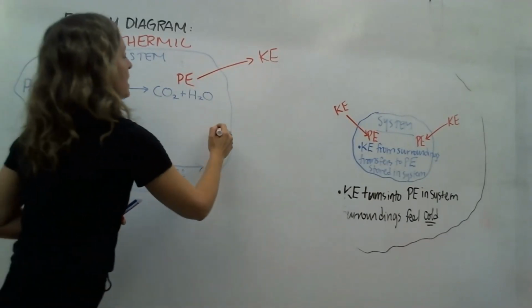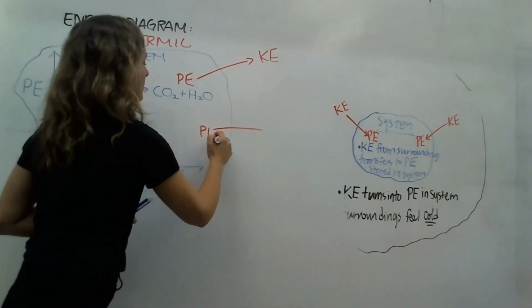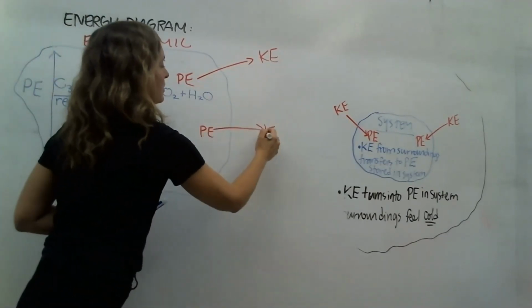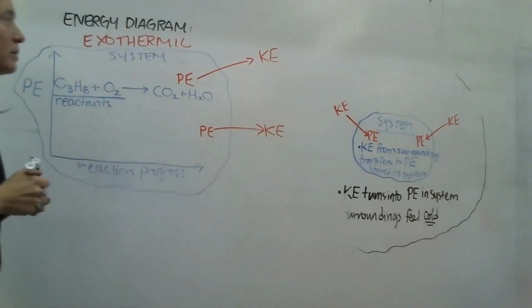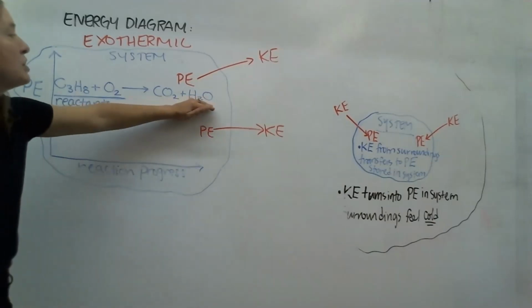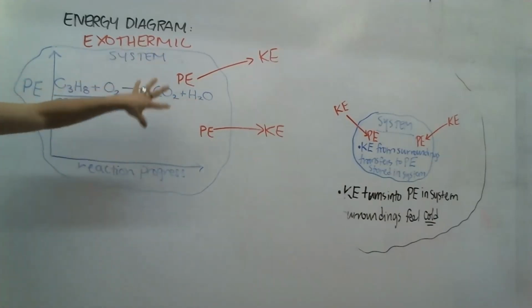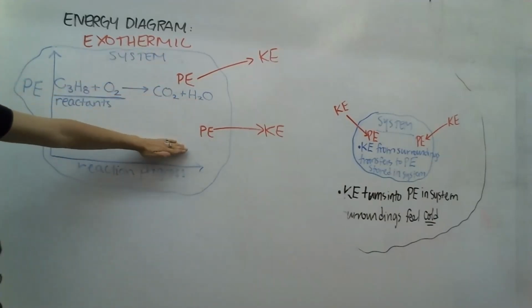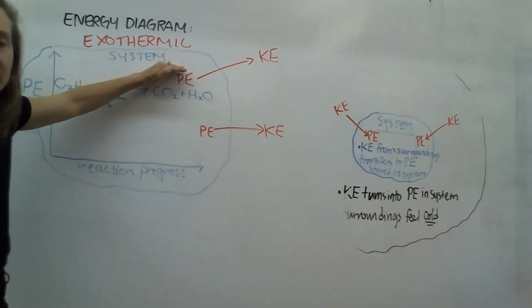And so if potential energy is moving out to the surroundings, that means will the energy level of the products in that system be lower in potential energy or higher in potential energy?